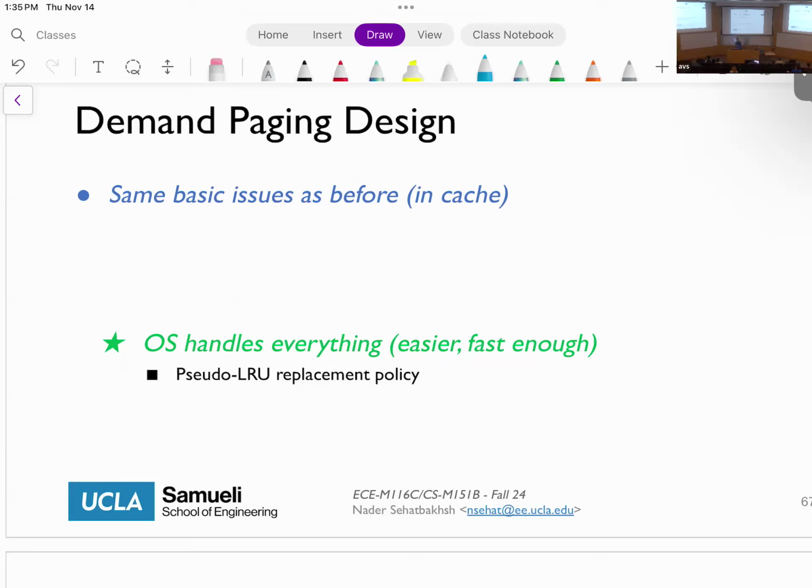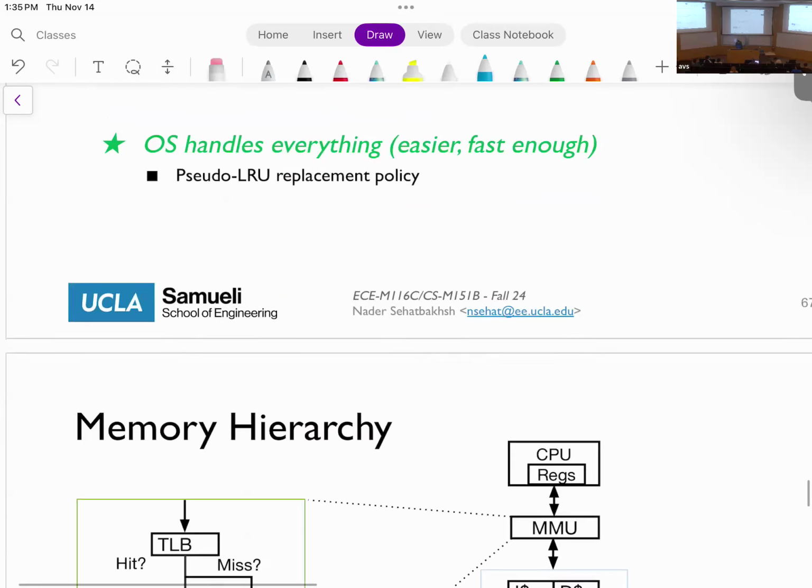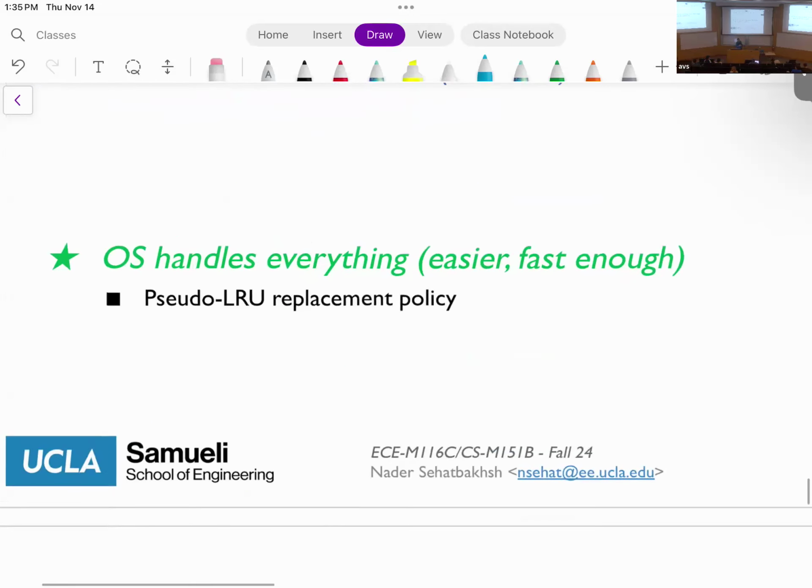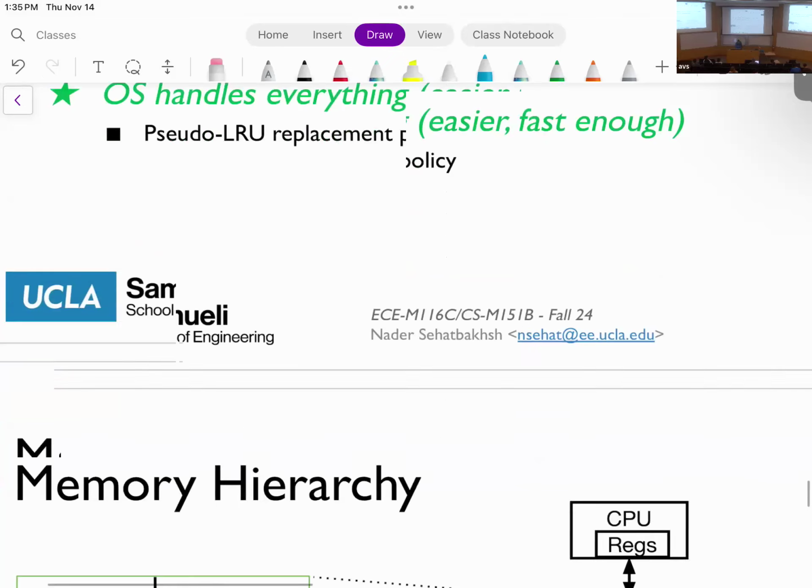You have fast hardware for cache because the replacement policy has to be very quick for L1 cache and L2 cache. For this, you don't need the speed. So everything is software developed and software implemented, okay? For example, you can have a pseudo replacement policy or an LRU policy. The overhead of an LRU policy in software is significantly less than in hardware, so you can actually have that because you can quickly write things, okay?